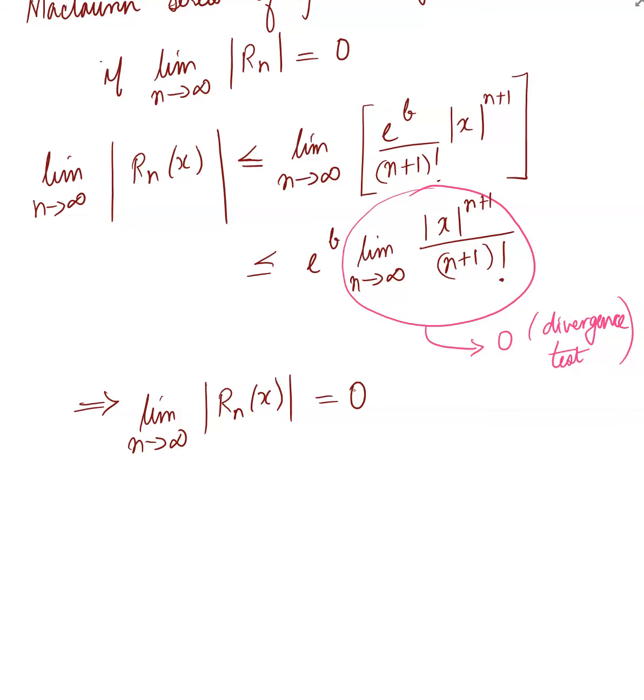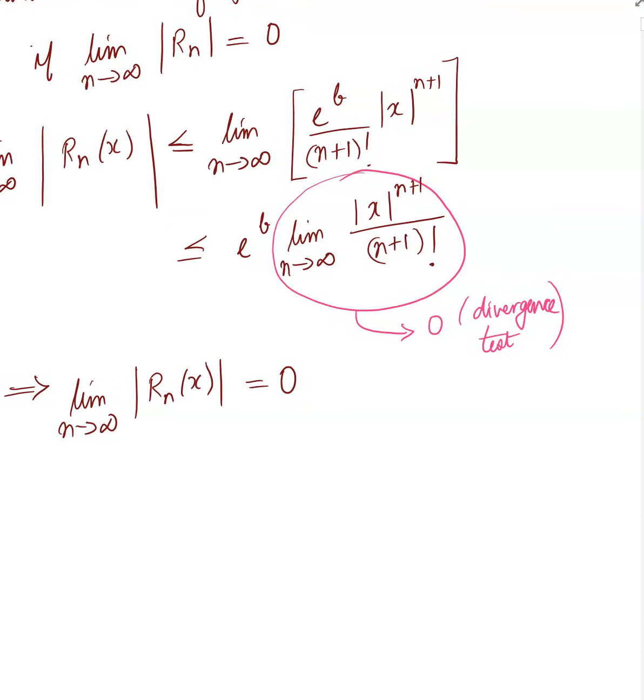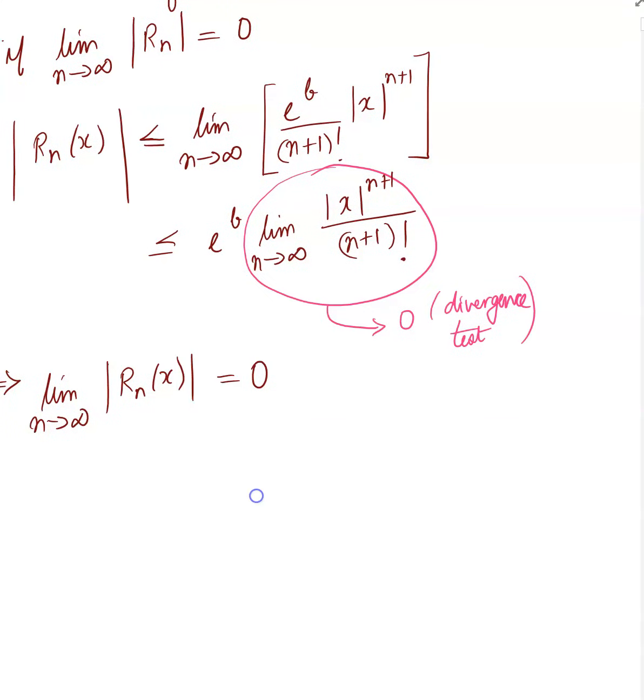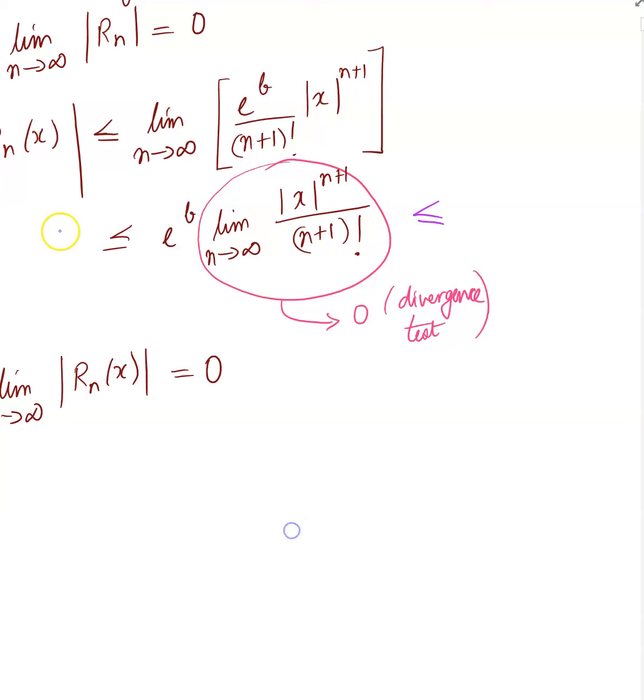We can do that by using the squeeze theorem, because we know that this is from the divergence test, so you could set up another inequality: 0 less than or equal to this, less than or equal to the limit of the absolute value of x power n plus 1.